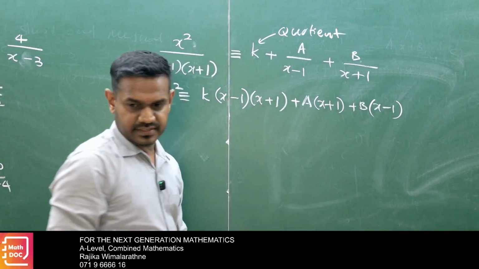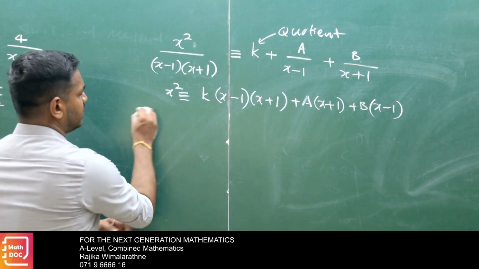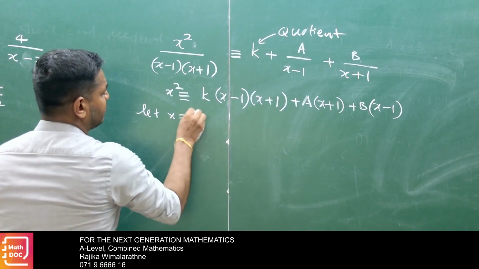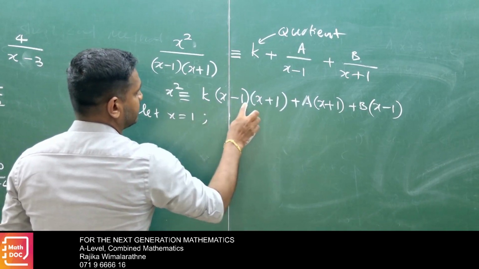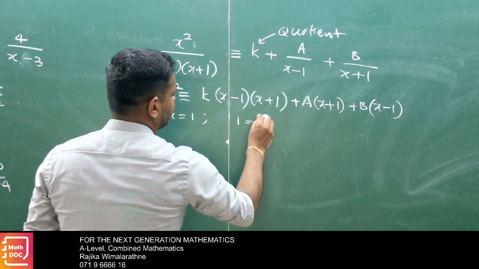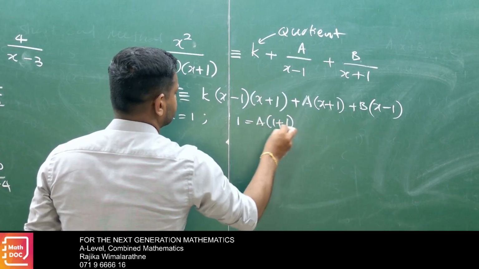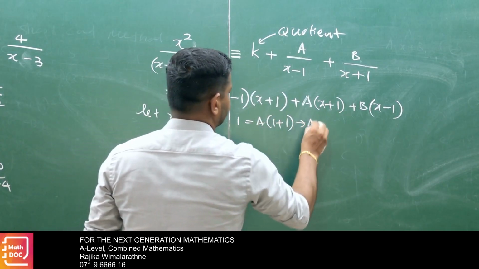Now we can find the values. Let x equal 1: here 1, here 2a, 1 plus 1, then a equals half.